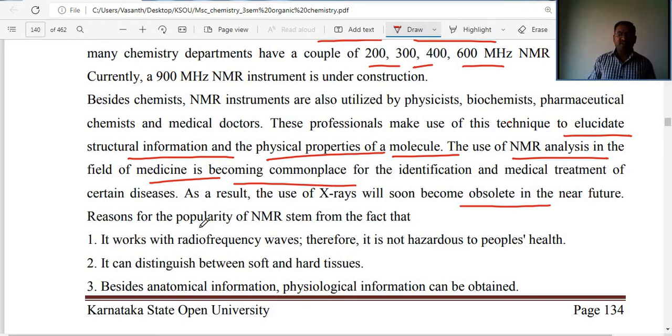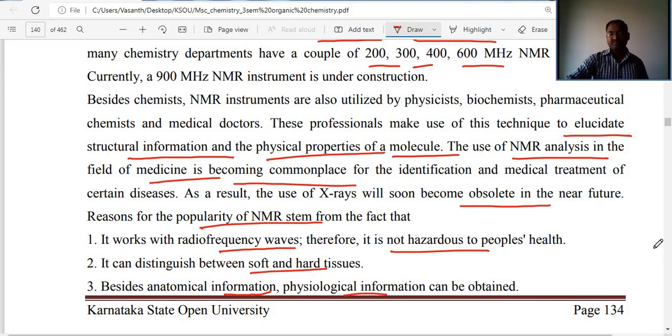The reason for the popularity of NMR stems from the fact that it works with radio frequency waves. That radio frequency is not hazardous to people's health. It can distinguish soft and hard tissues. Besides anatomical information, physiological information can be obtained.